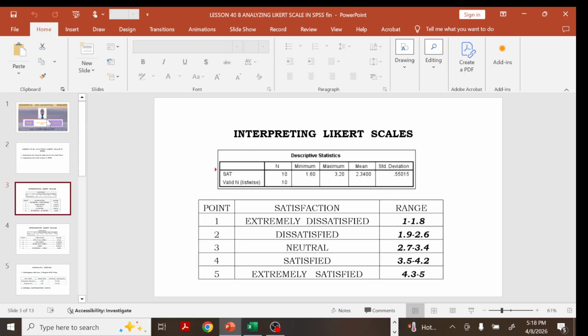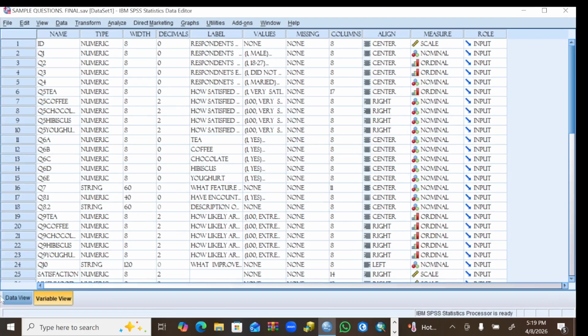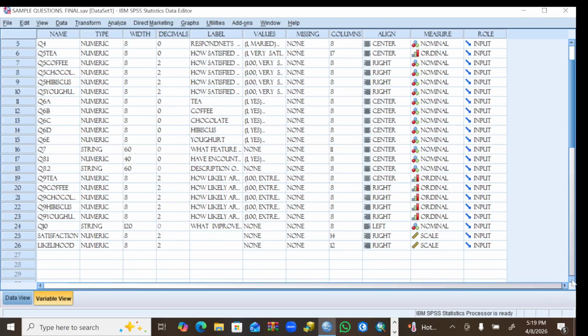Last time we converted the Likert questions output into interval data. Let us go and see where these data are. So we converted the Likert questions. These are the two here.